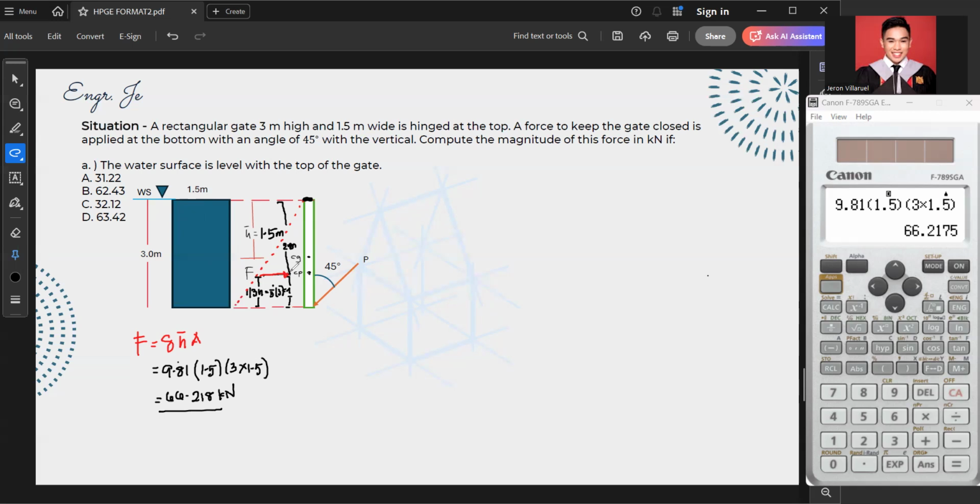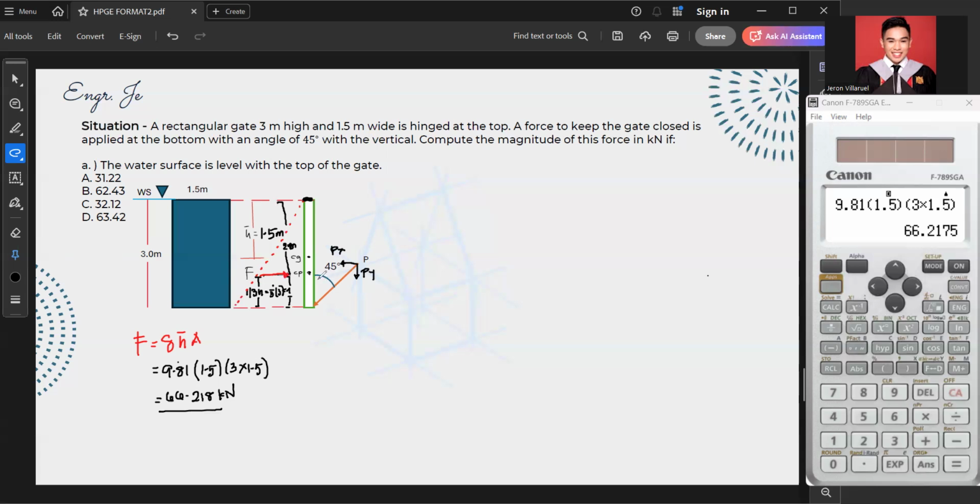Since we already have our location, we can also put our force into x and y components since it is at an angle. So this is Py and Px, the horizontal and vertical components.